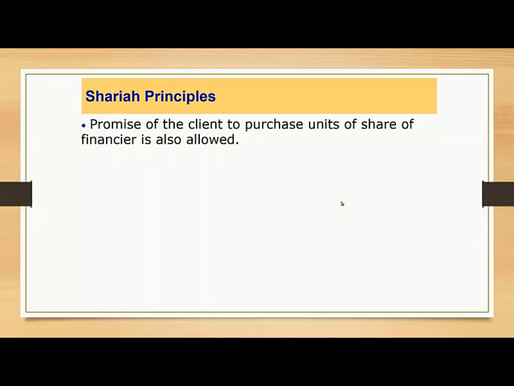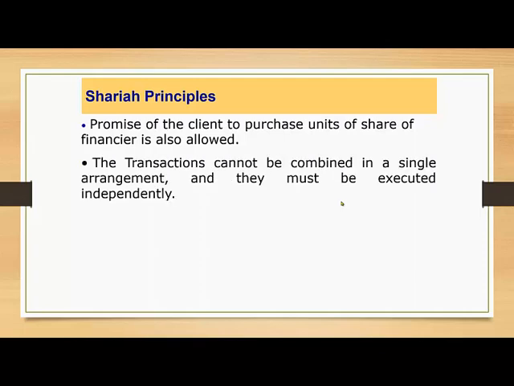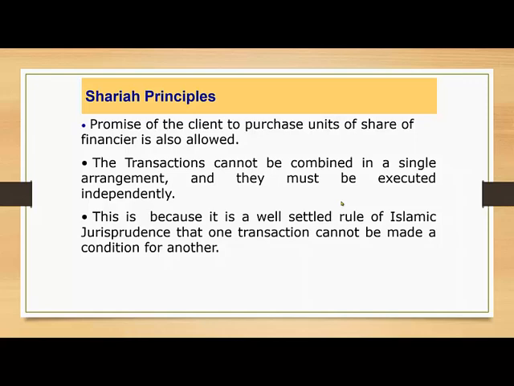The promise of the client to purchase units of the share of the financier is allowed as per Sharia principles. The transactions cannot be combined in a single arrangement and they must be executed independently.